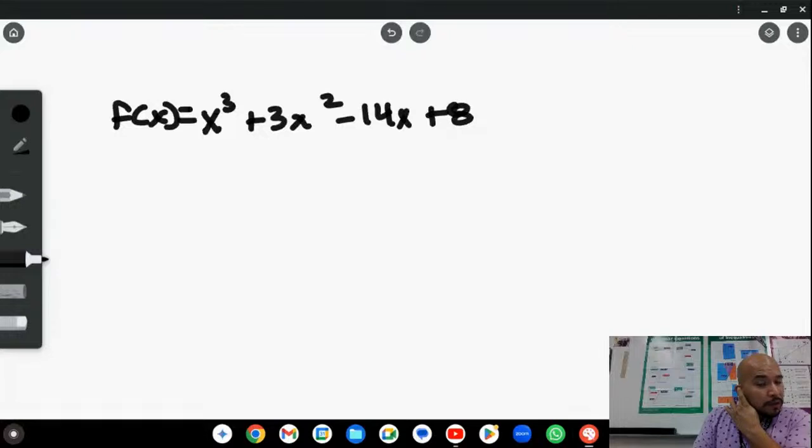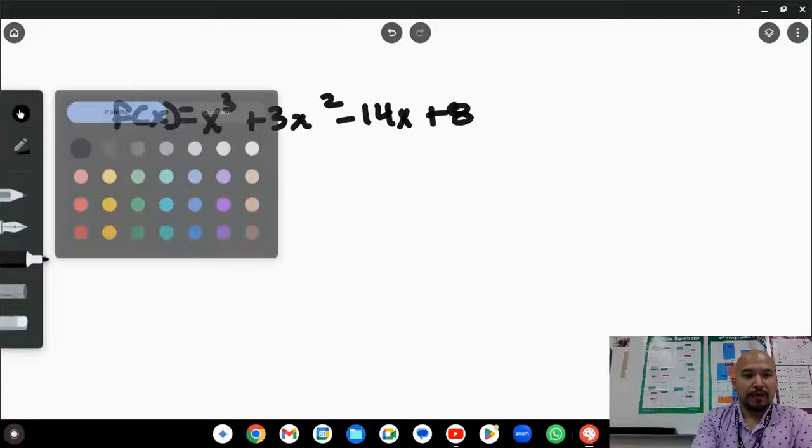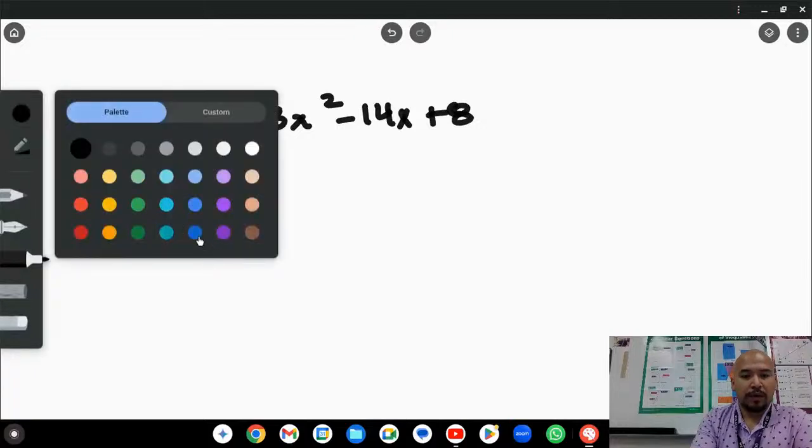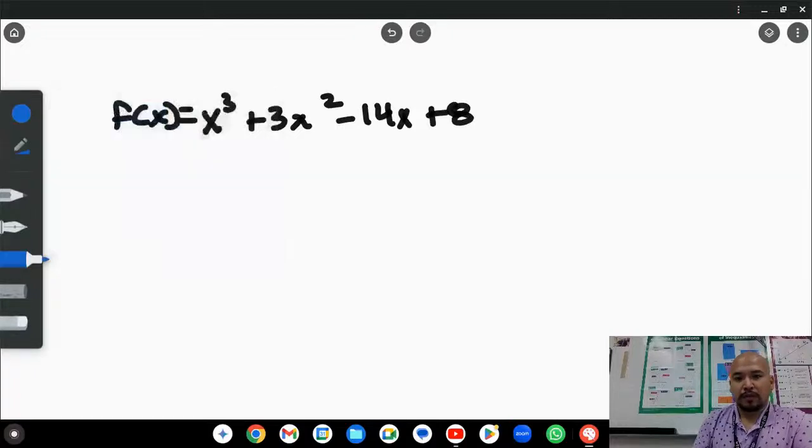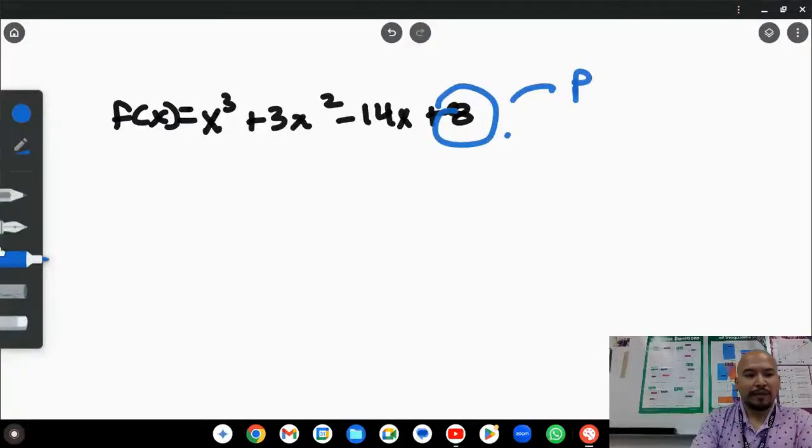The rational root theorem requires you to work with p, which depends on whatever your constant is. In this case, my p is going to be my 8, and the other value is going to be your q. So where's my q?